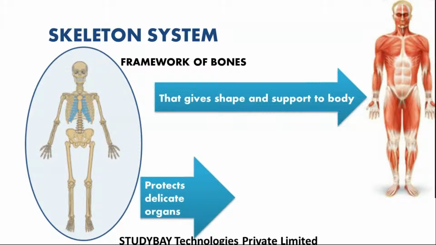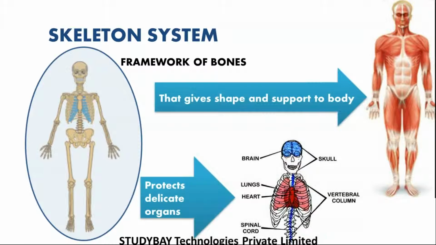And a very important aspect, it protects the delicate organs of our body. You can see here, we have a skull which protects the brain. We have lungs and heart which are protected by ribs, and our spinal cord is protected by the backbone.